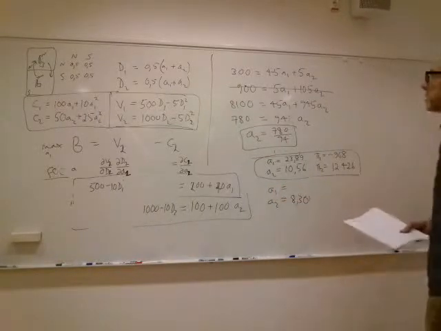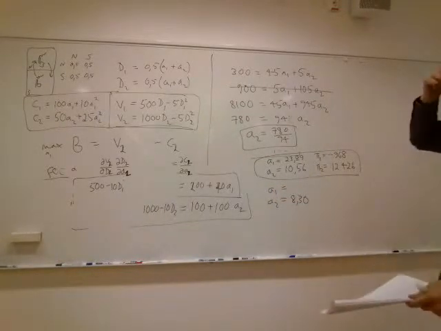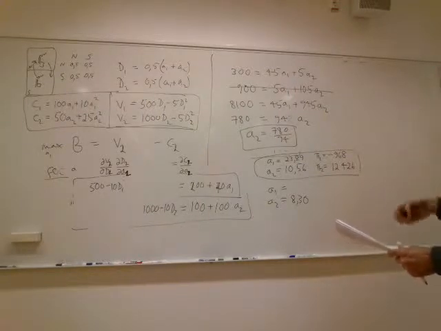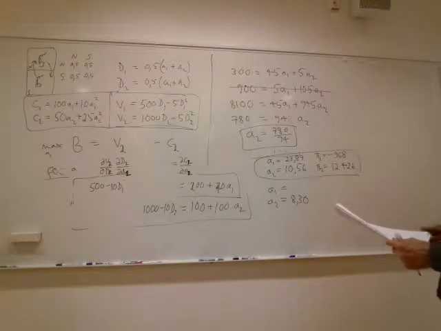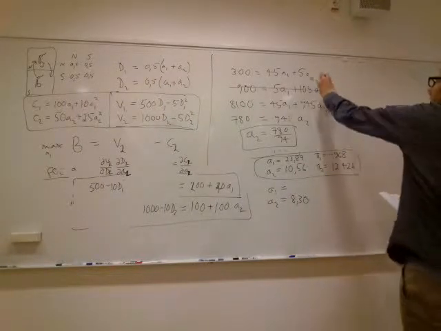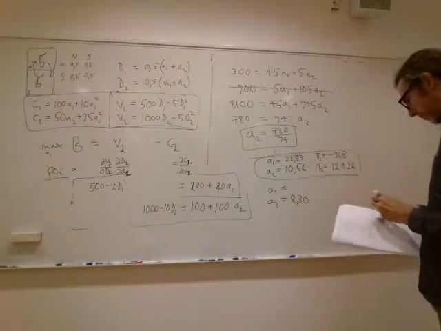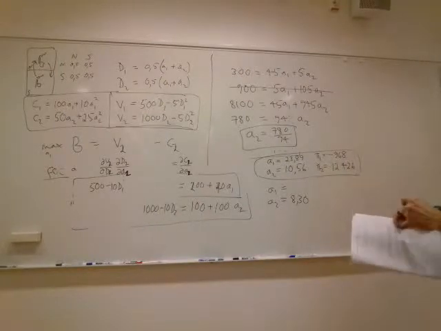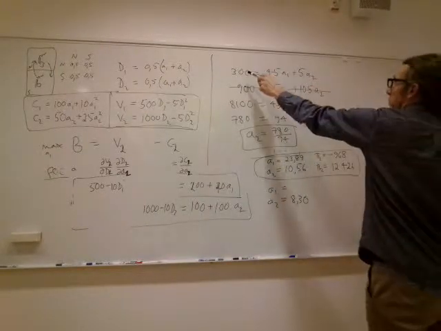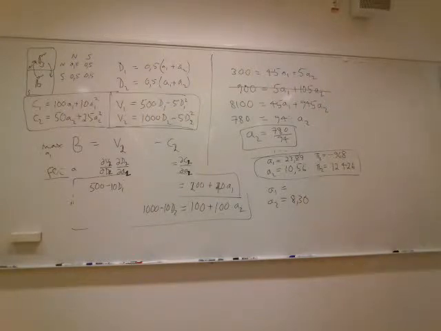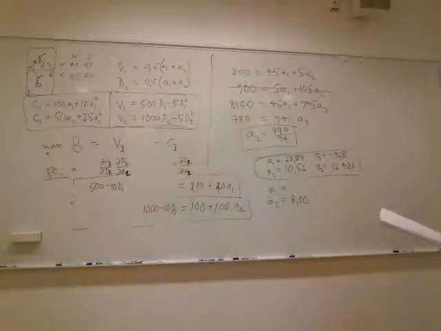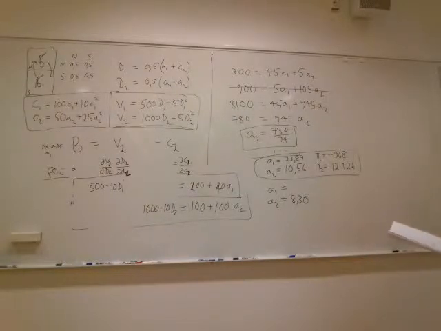Given that A2 is 8.3, what's A1? Well, 5 times 8.3 is 41.5, so that's 341.5 divided by 45 is going to be about 7.5, isn't it? No. Okay.